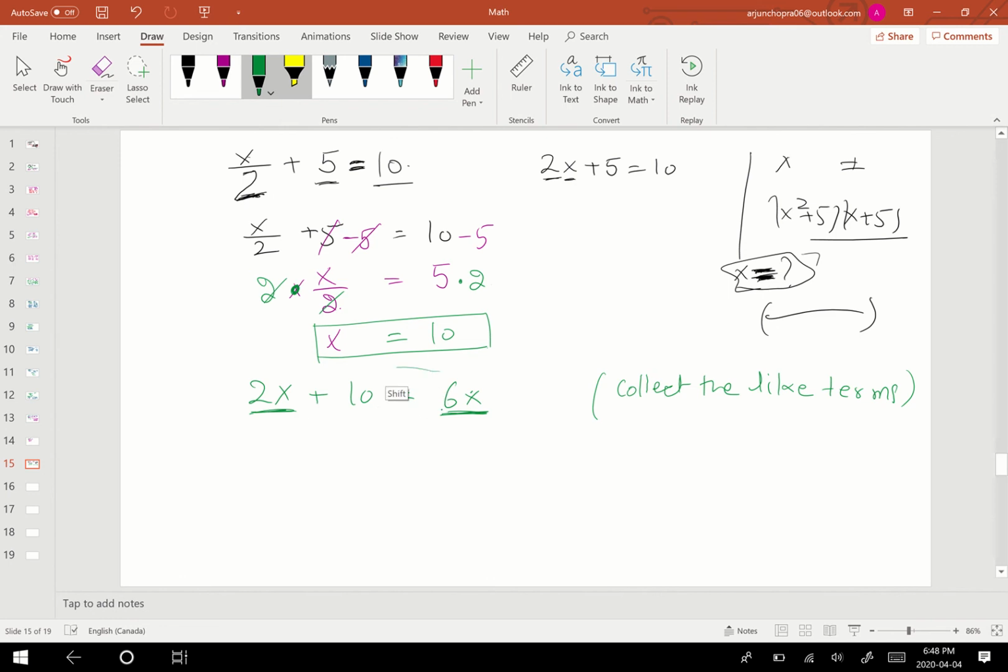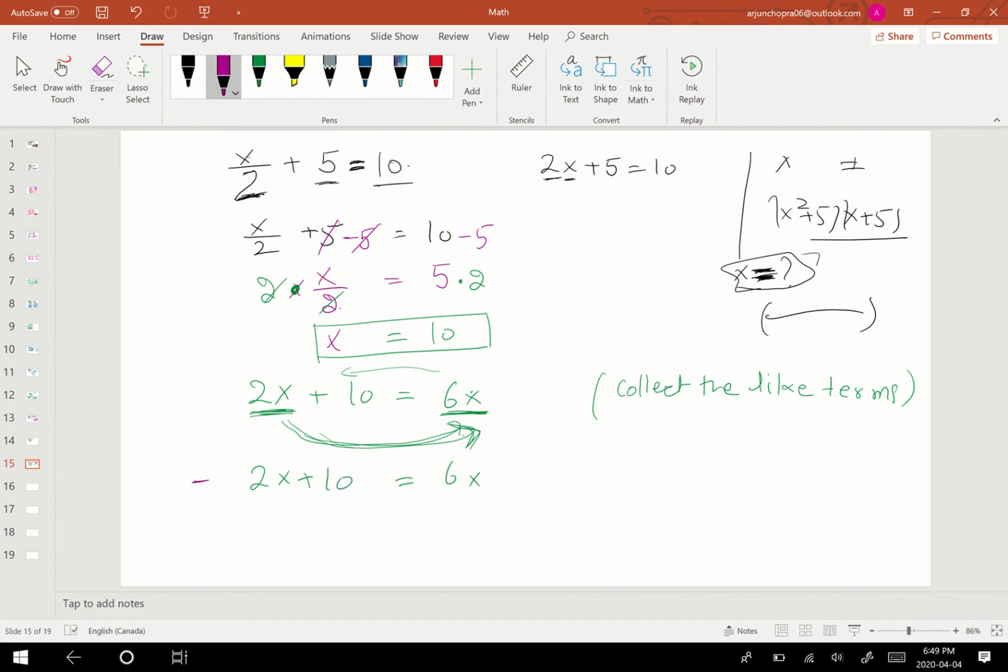So I will collect the like terms, meaning this is 2x, this is 6x. I can either bring this to the right-hand side, or bring 2x to the right-hand side also. Both will lead to the same correct answer. I'm going to take this to the other side. If this is 2x plus 10 equal to 6x, I have to subtract 2x from both sides.